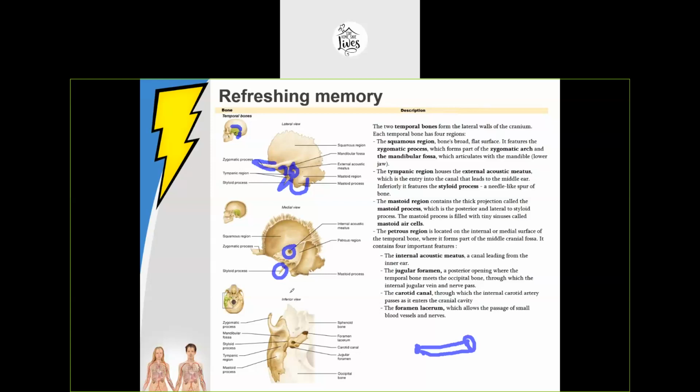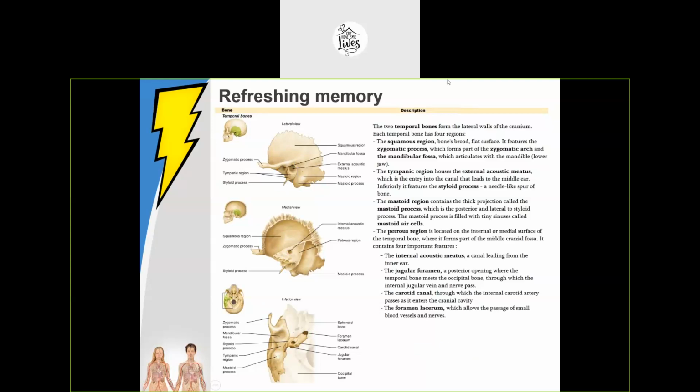So this is the inferior view, and we see from here the mandibular fossa, the zygomatic arch, the tympanic part containing the external acoustic meatus and the internal acoustic meatus, and the other openings that we find in between the junction of the bones.